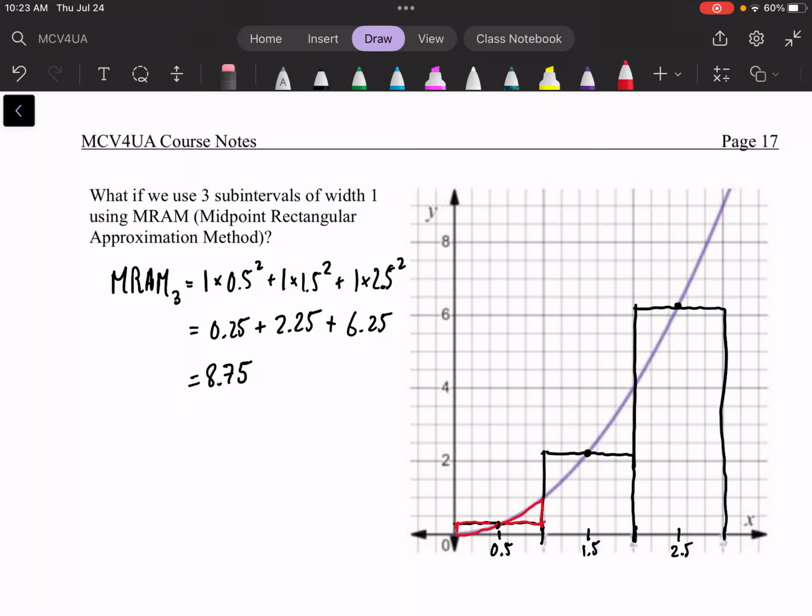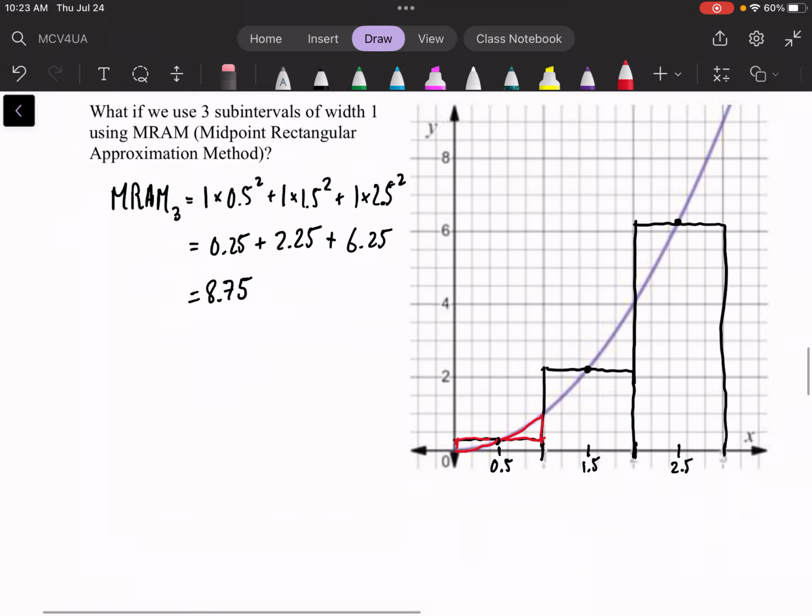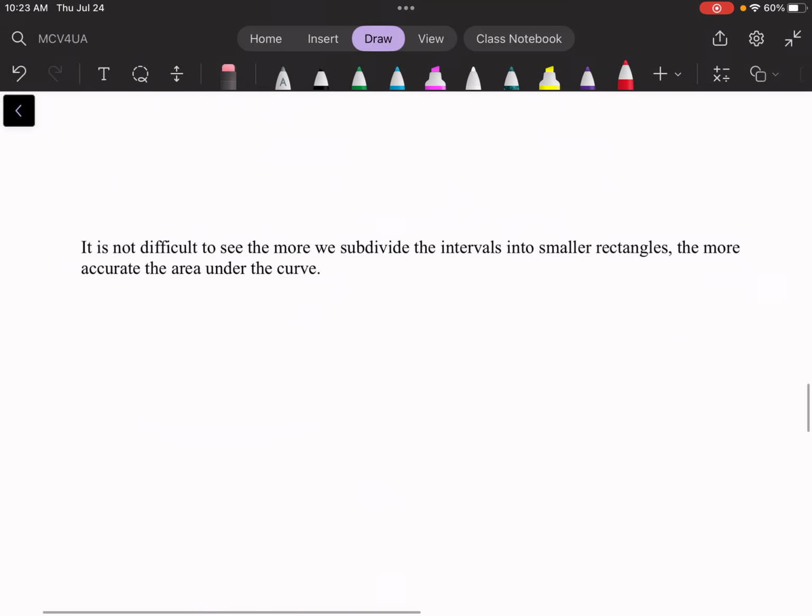But again, you can still see this might be slightly off or slightly under. So we're going to find other methods to find this out a little later, but it's not too difficult to see. The more we subdivide the intervals into smaller rectangles, the more accurate the area underneath the curve would be. So you can probably see where we're going with this, but we'll leave that at the moment.